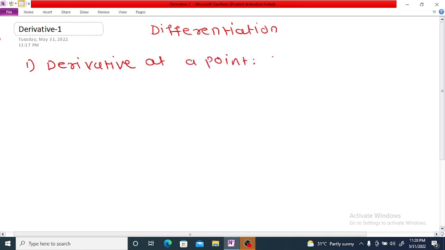Okay, so let f be any real valued function.